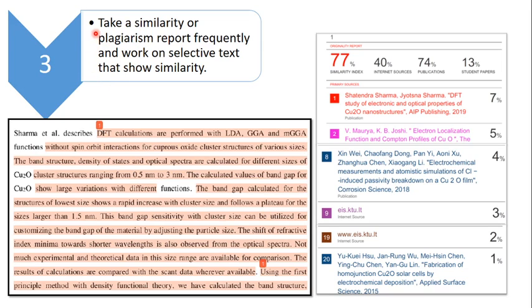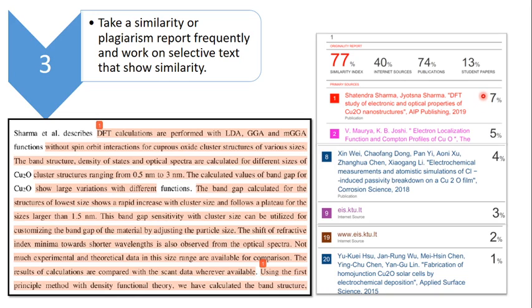Thirdly, you should ask for a similarity or plagiarism report frequently and work on selective text that shows similarity. This is an actual plagiarism report, and you can see that the similarity index is about 77%, and on the right side you can see the sources and the percentage of similarity from those sources.